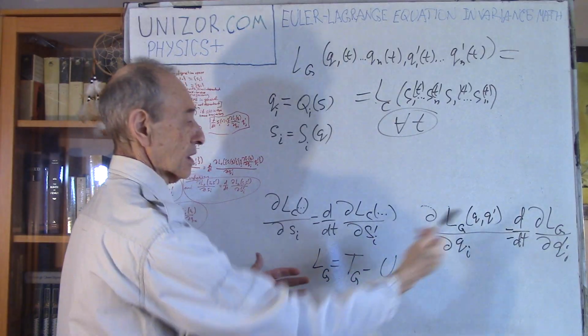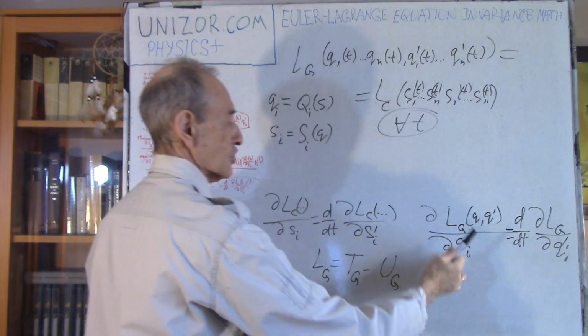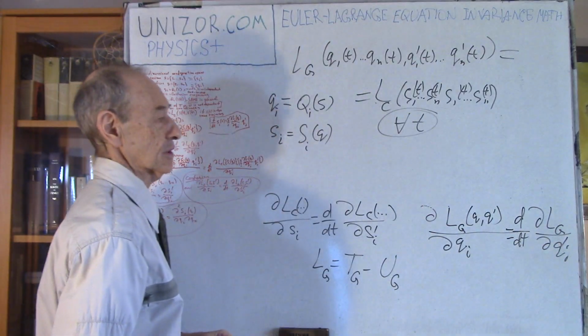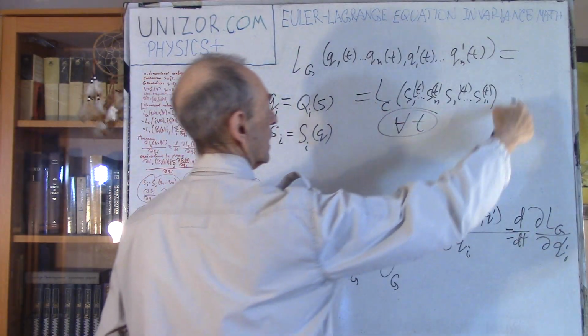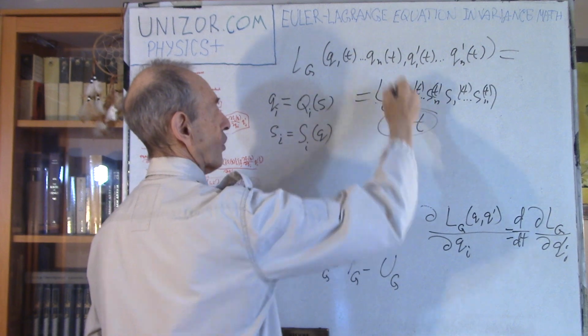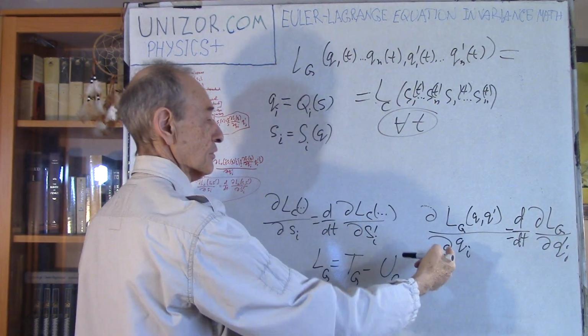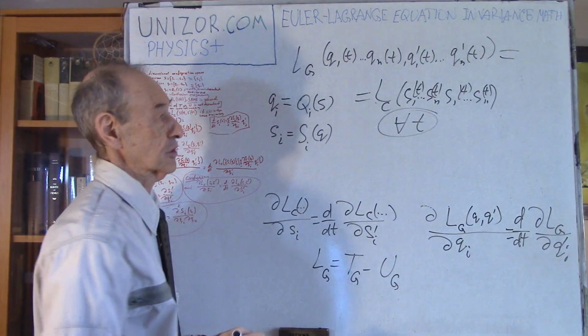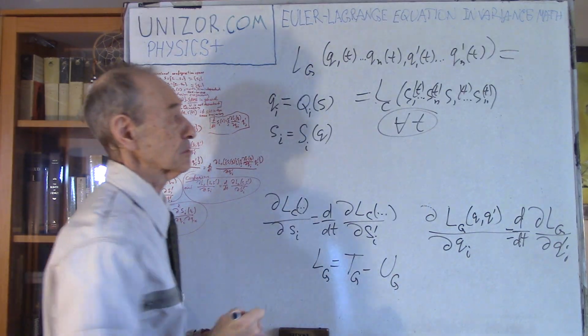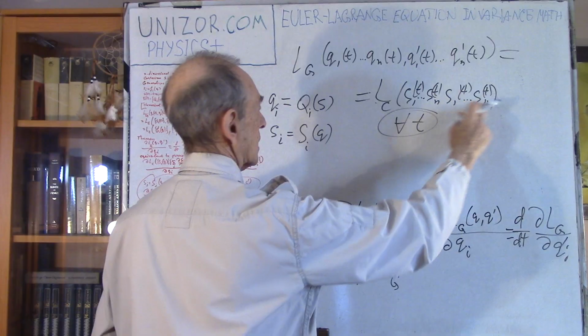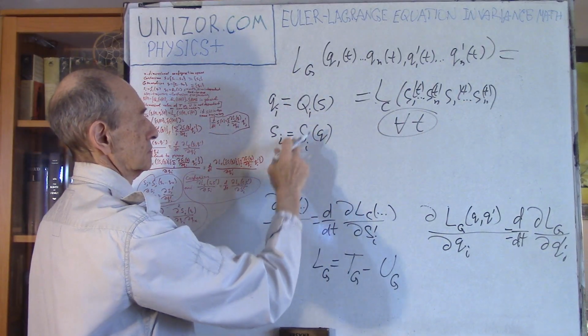But now I'm talking about a differential equation with differentiation by Q in this particular case, which means that I should, now this is a known formula, right? So I have to really express this as a function of Q to be able to differentiate by Q. But I can very easily do it because I know that I can replace S with Q's.